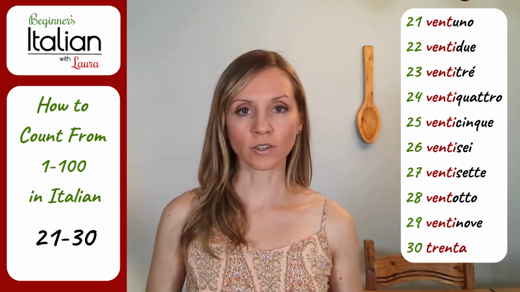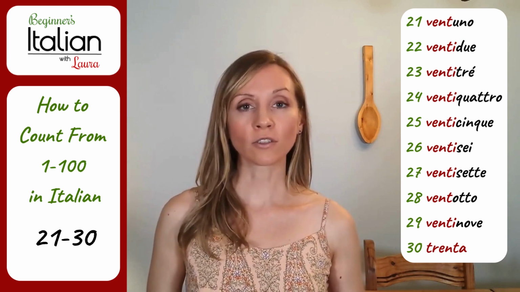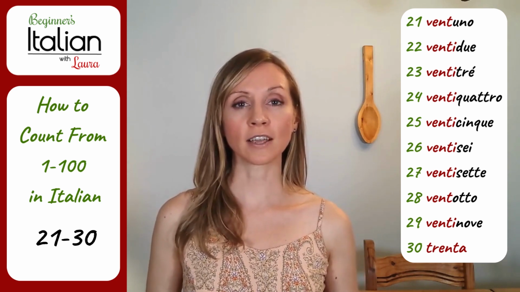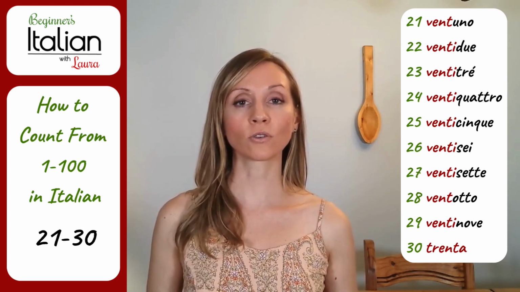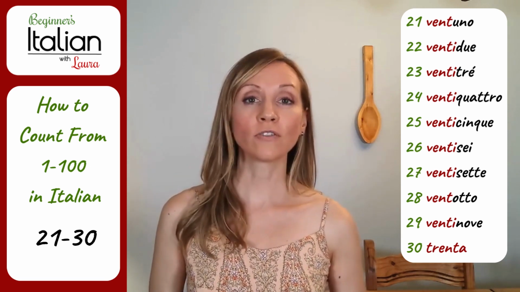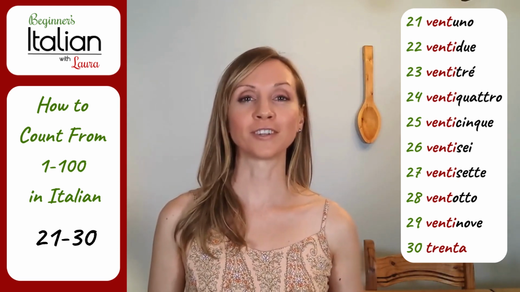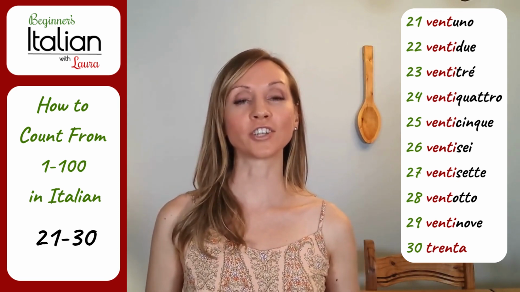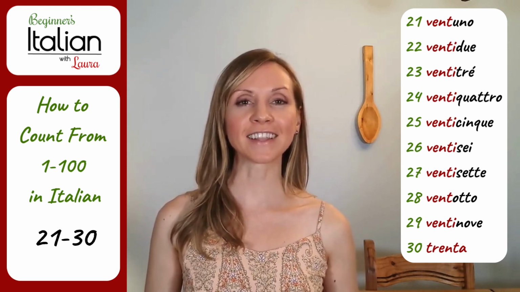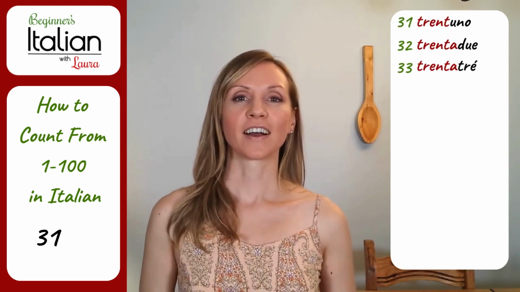So 21, 22, 23, 24, 25, 26, 27, 28, you kind of take out the E there, 28, 29, and 30. So 21, 22, 23, 24, 25, 26, 27, 28, 29, 30.